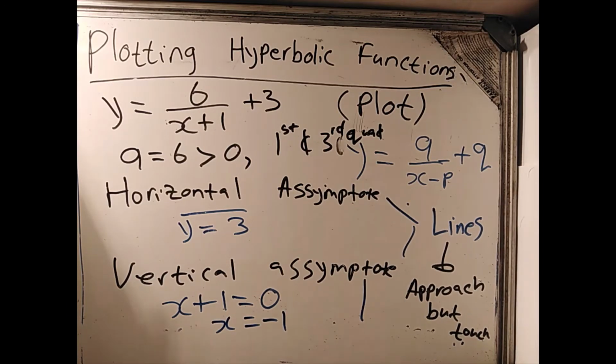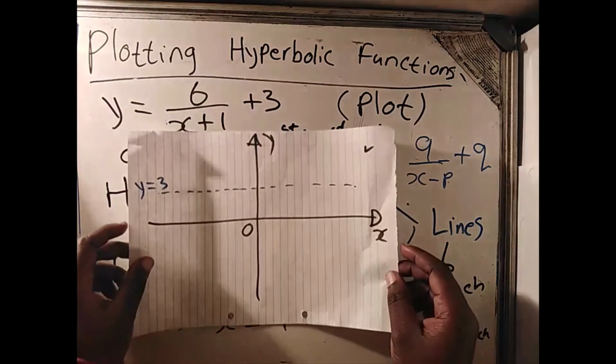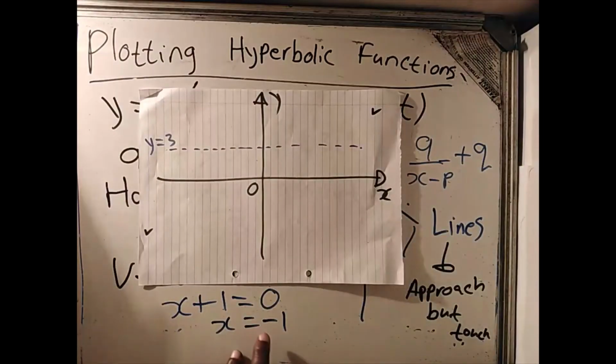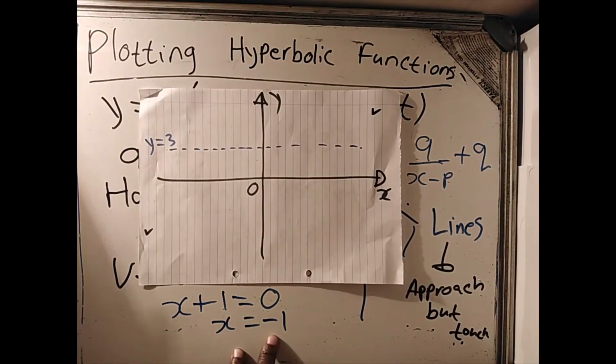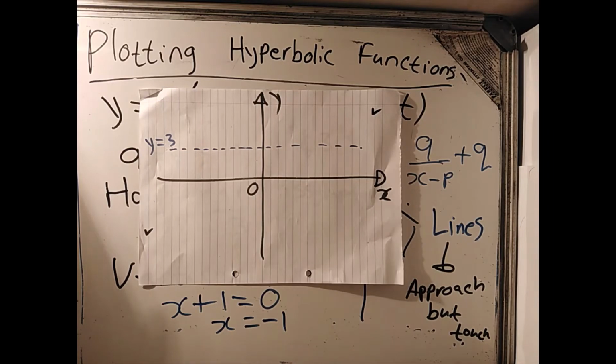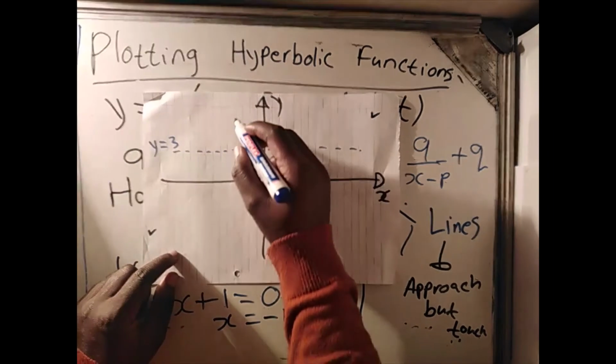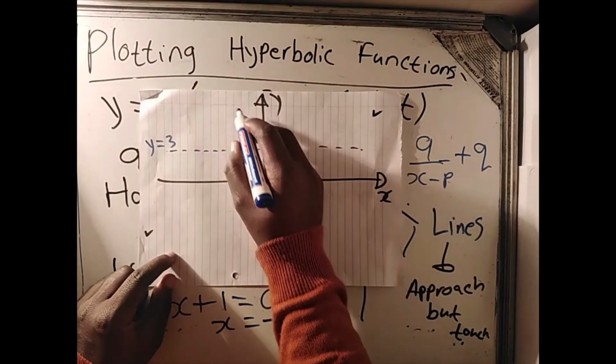So x is equal to minus 1 is our asymptote. And remember what we said earlier: we name asymptotes in terms of where they cut. So here is our graph. We've got our vertical asymptote, which is x is equal to minus 1. We put a dotted line, guys.